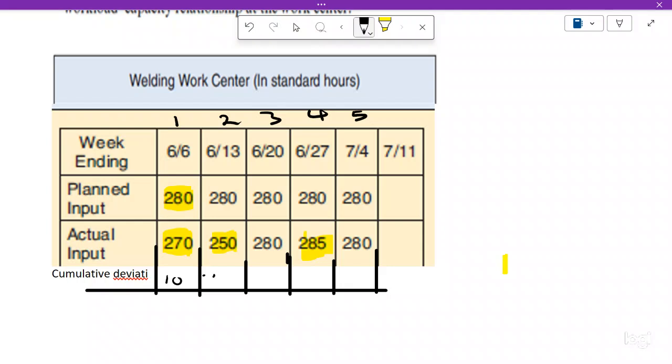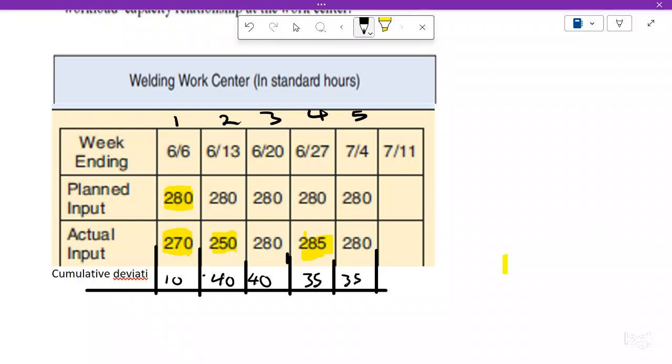So it becomes 40. This one 0. Then 280 minus 285 becomes negative. Oh, this one becomes 0. We have a 40 there. And then 285 minus 280, 35, and then this one is 0 and it remains as 35 again.